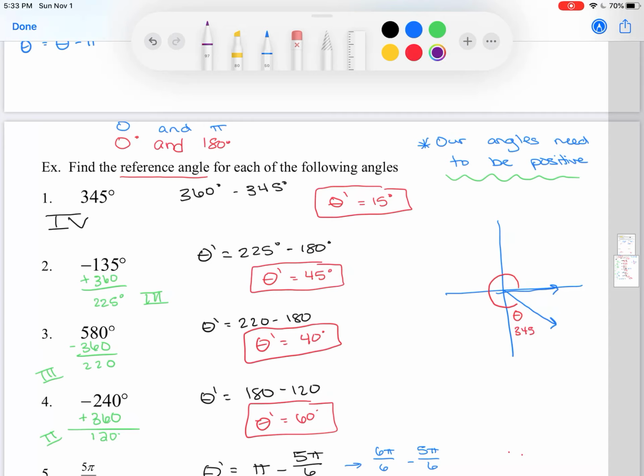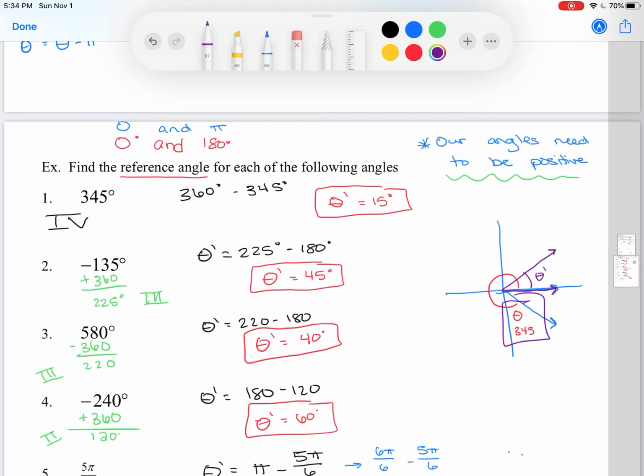That's 345 degrees. But I'm not asking for that angle, I'm asking for the reference angle. At the end of question 1, we ended up with 15 degrees. Now, the way that's going to relate, if I were to graph 15 degrees, I would have the same initial side, but it's going to take me into the first quadrant here.